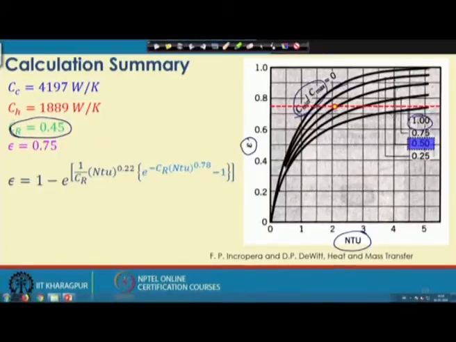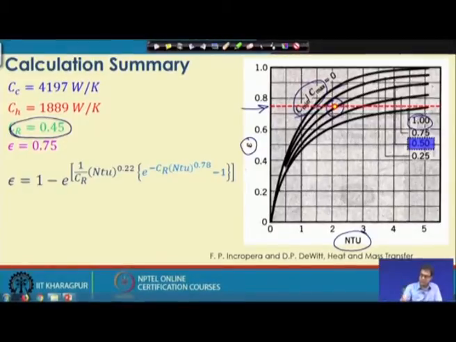So corresponding to Cr equals 0.45 and epsilon equals 0.75, we are finding that the NTU would be somewhere here, that is nearly about 2.1.